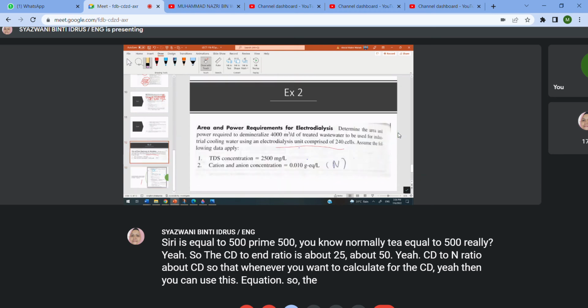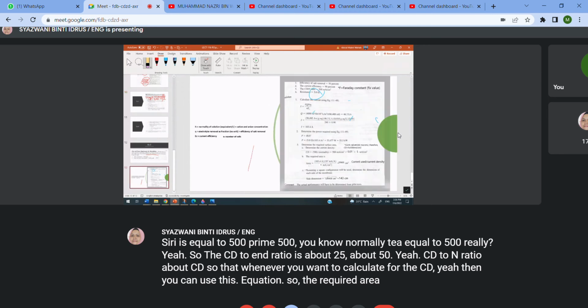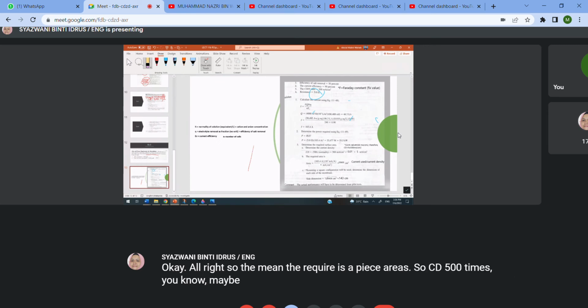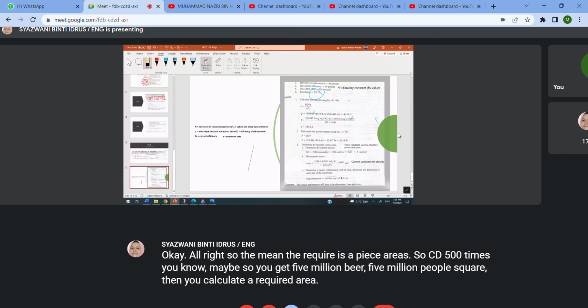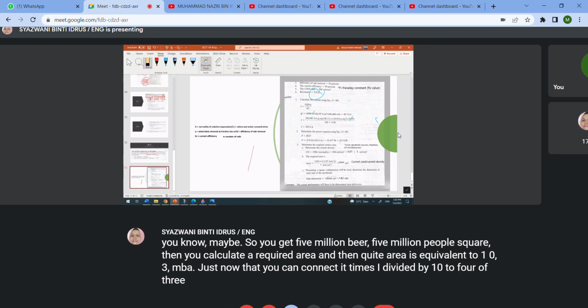So determine the required surface area. CD is 500 times 0.01, so you get 5 milliampere per centimeter square. Then you calculate the required area. The required area is equivalent to the 103 ampere that you calculated just now, times 10 to the power of 3, divided by 5 ampere.